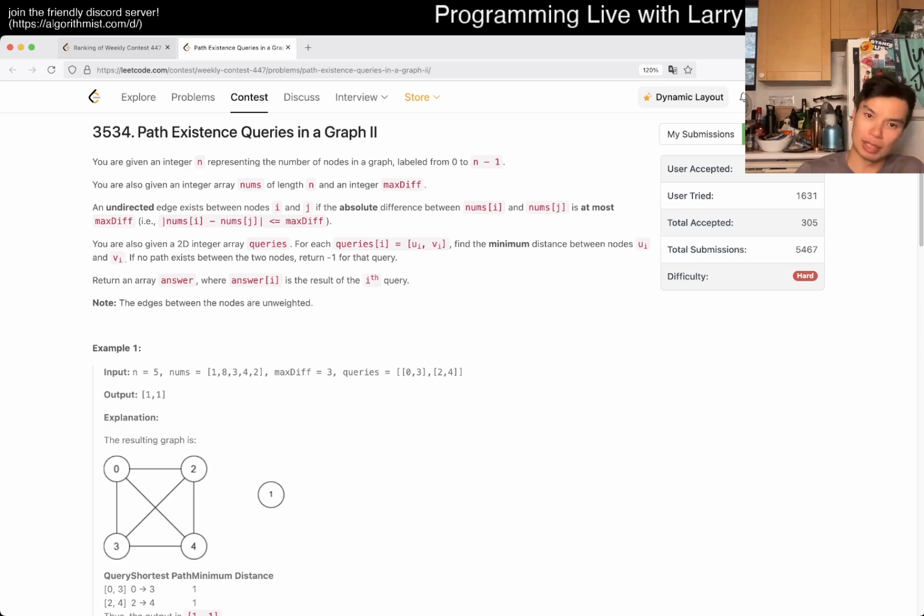Can I do some sort of sliding window? This is kind of, but not.